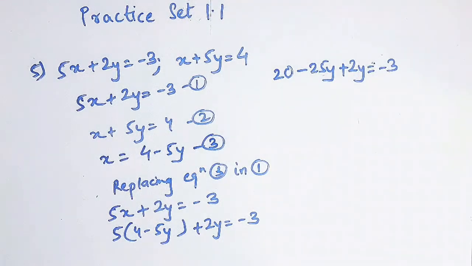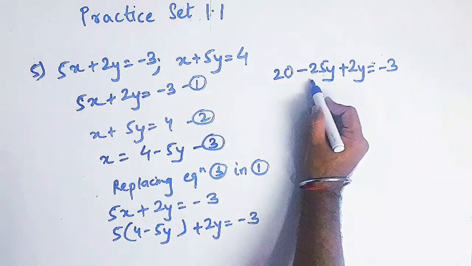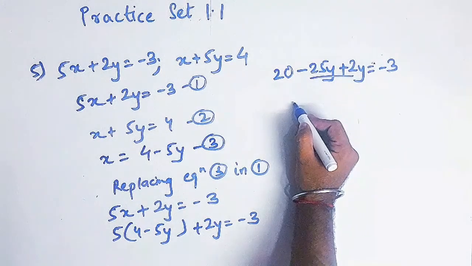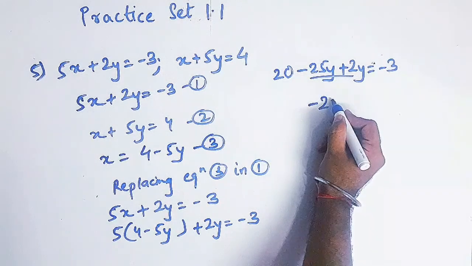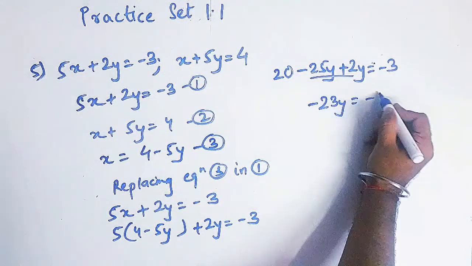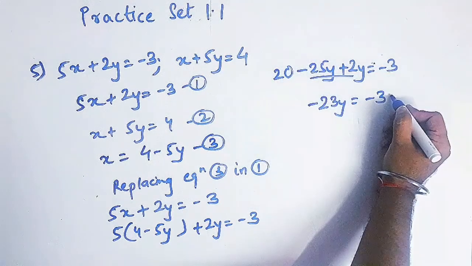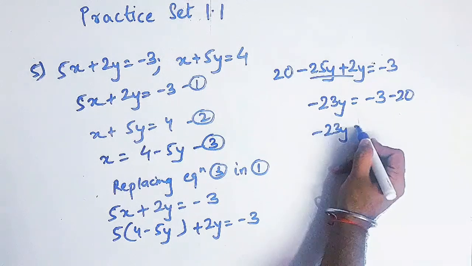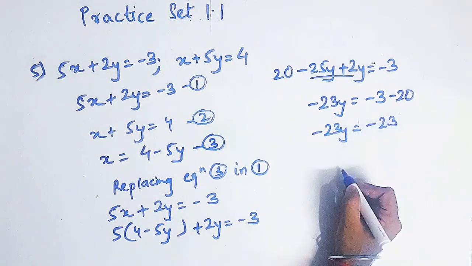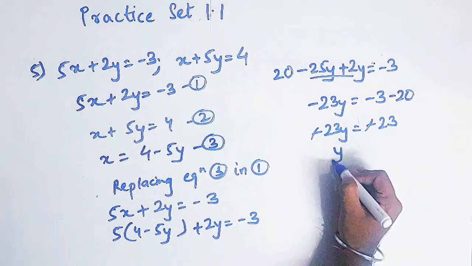Then I can solve this. 20 minus 25 plus 2 will become minus 23y, and here 20 will go there, so it will become minus 20. So minus 23y equals minus 23. So you can see here y becomes 1.